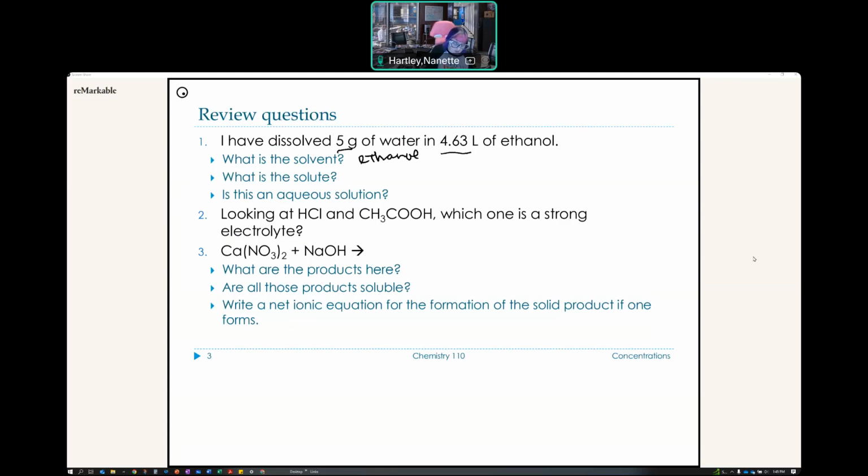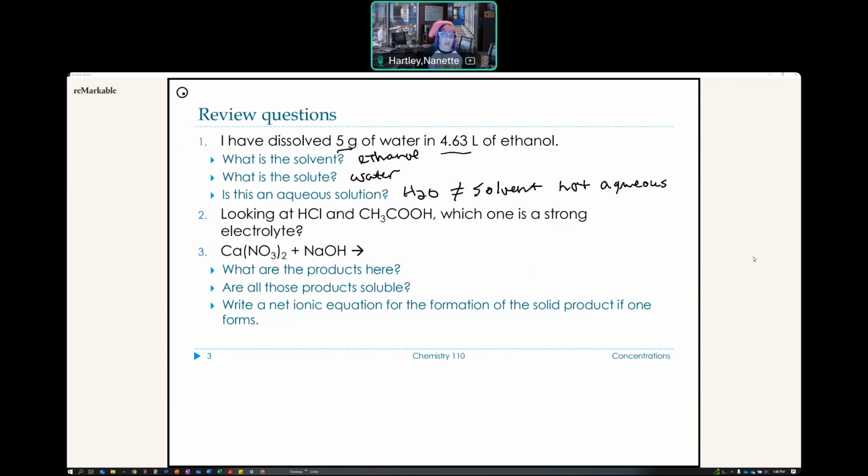My solute is the water, because it's the smaller thing. That means this is not an aqueous solution. It would be an aqueous solution if the water were my solvent. H2O is not the solvent, so this is not an aqueous solution. The only time it's aqueous is if water is the solvent. It is that simple.